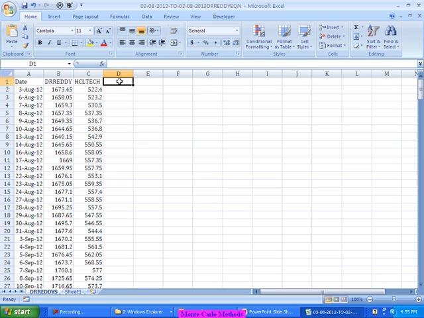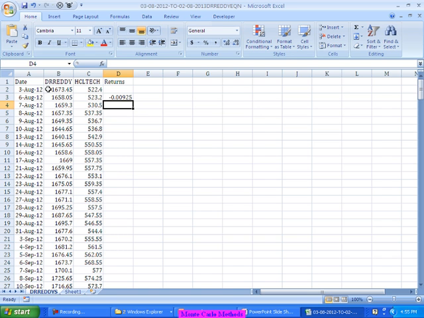I'll find out the returns first of all. Here I'll take continuously compounded returns. So how do I get them? I'll take the logarithm, log S1 by S0, log of today's price by yesterday's price. So this is a continuously compounded daily return.